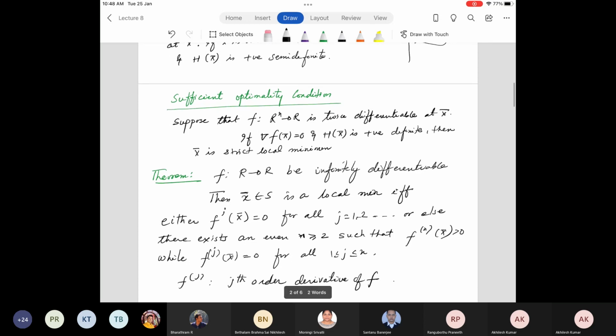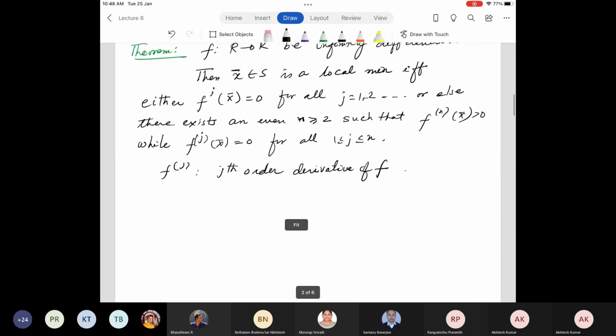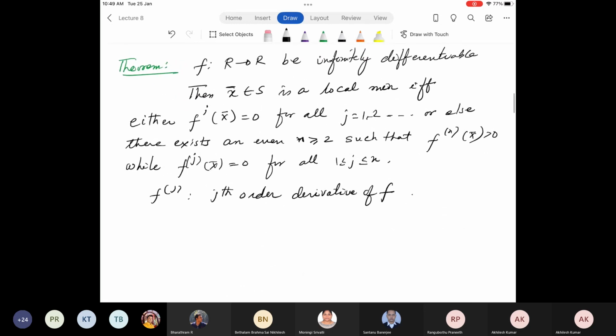Read this theorem. We'll see one very nice example on this, to see how it is important.